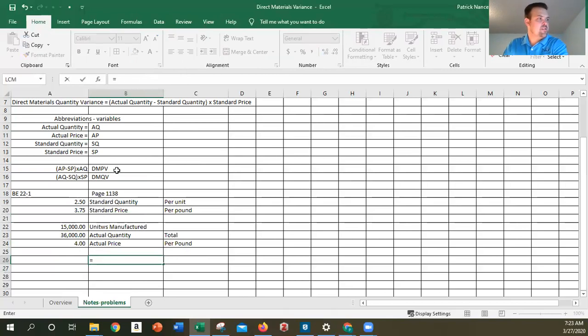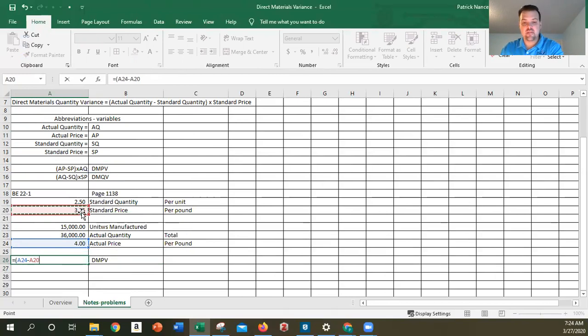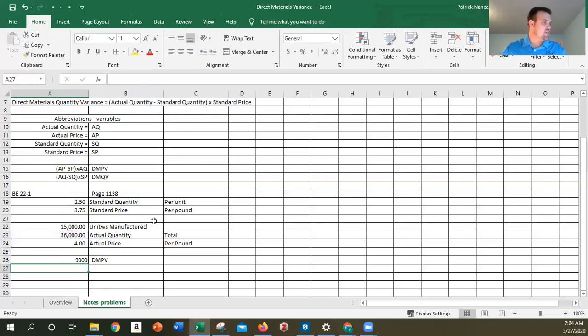So direct materials price variance equals $4 minus my standard price, which was $3.75, times my actual quantity, which was 36,000. That gives me a $9,000 variance.